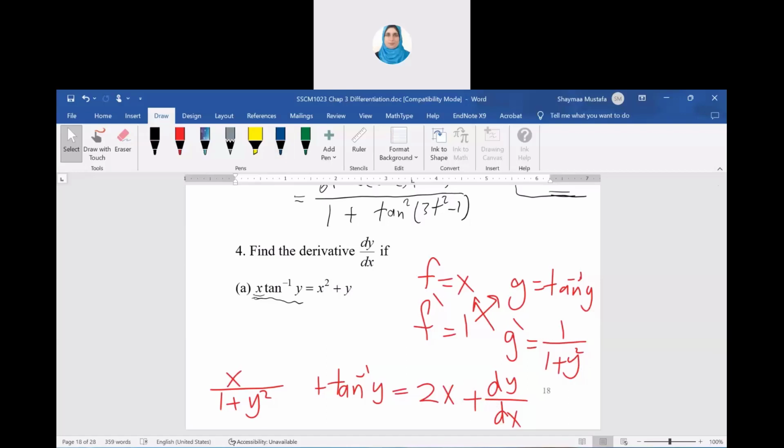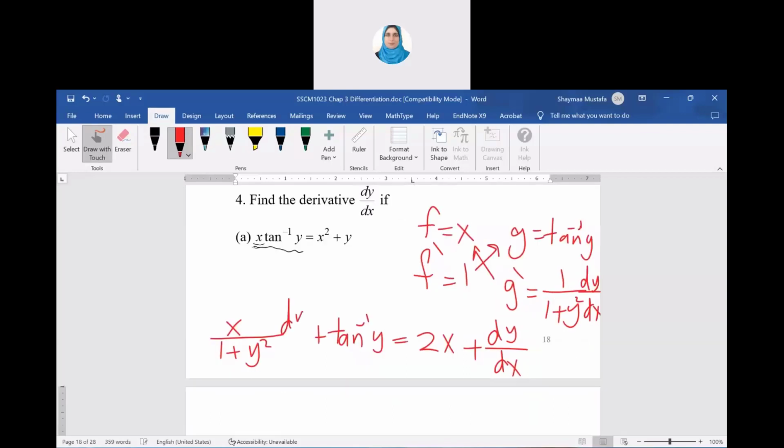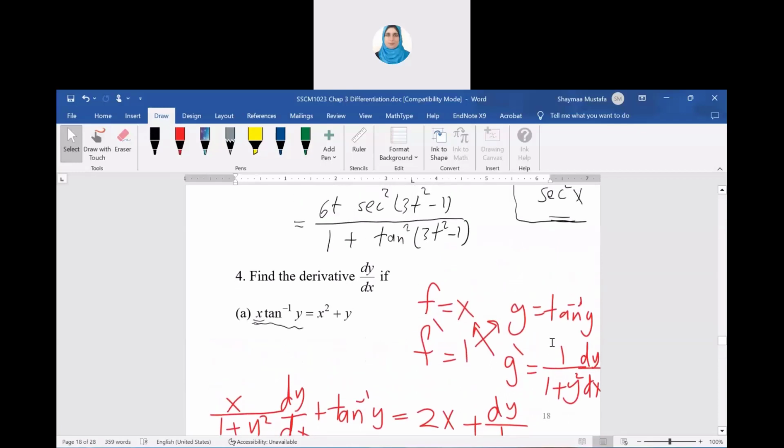So I made a mistake. Here, this is incorrect to write only 1 over 1 plus y squared. It should be multiplied by dy over dx because the variable is y. Just now I kept it here and didn't write dy over dx, so what I did is wrong. Since the variable is y and the derivative is with respect to another variable x, you need to multiply by dy over dx.